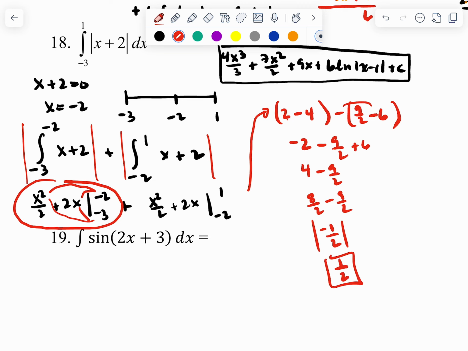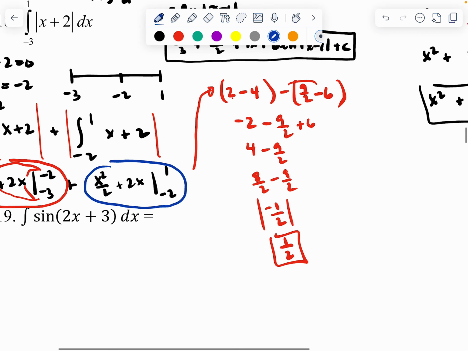Okay, now I'm going to do another part. I'm going to call it the blue part. So I'm going to make this the blue part. Okay, I'm going to do that on the side here. So I'm going to do another top minus bottom for the blue part. If I plug in the 1 into here, I'm going to have 1/2 plus 2. If I plug in the -2 into here, that's again 4 over 2 is 2, and this is -4.